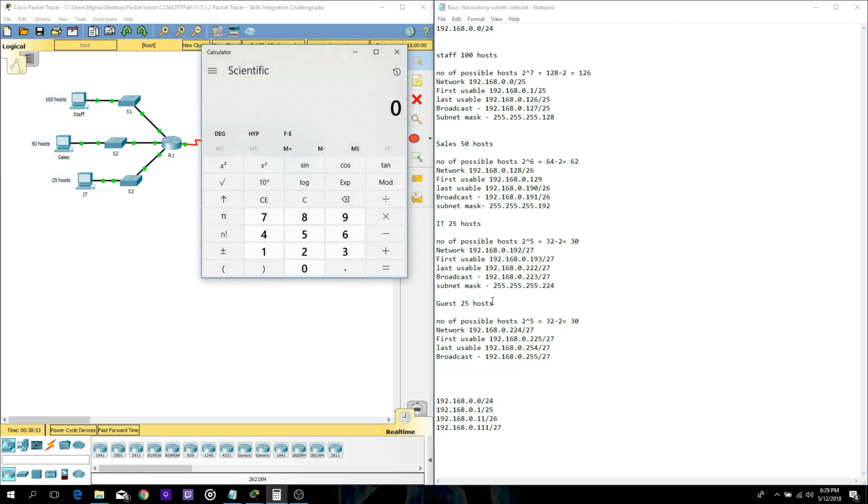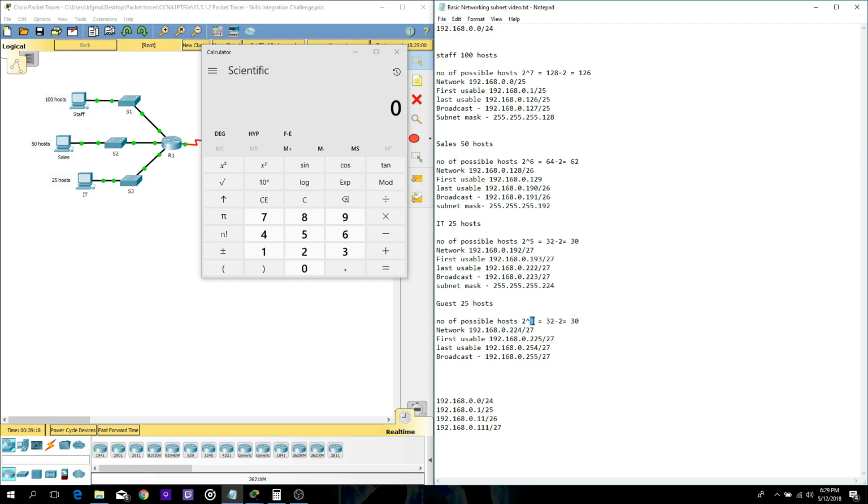In the scenario, we wanted to make another subnetwork for guests for later use, so we did the same. The number of possible hosts will be 2 to the 5th, which is 32 minus 2, giving us 30. Our network address will be 1 up from our previous broadcast of 223, so it'll be 224.